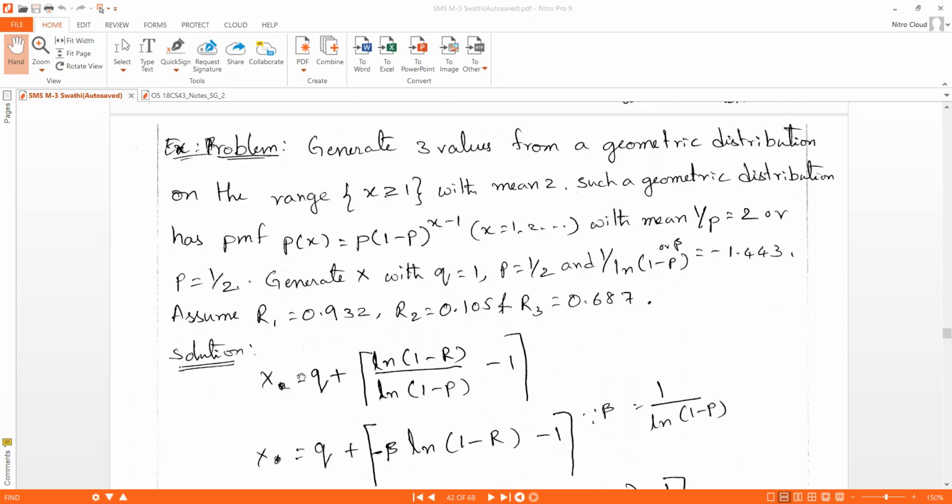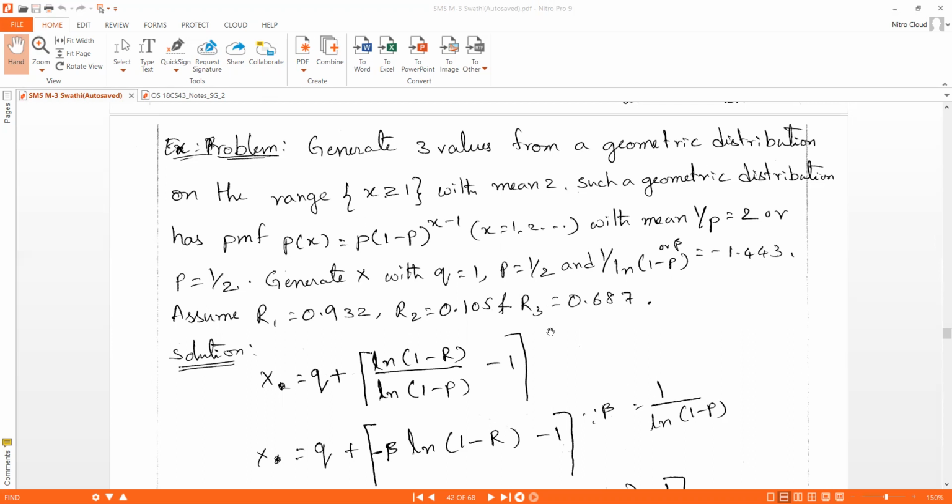Assume that random number R1 is equal to 0.932, R2 is equal to 0.105, and R3 equal to 0.687. They have given the random numbers, and they have asked to generate three values from geometric distribution.